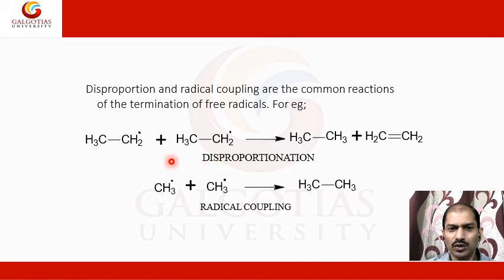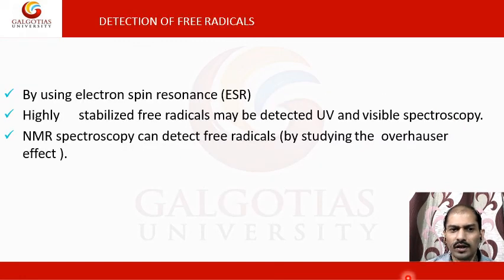And in disproportionation, one radical transfers a hydrogen to the other species, and this bond shifts, so this radical makes a bond with this radical. This kind of reaction is a disproportionation reaction. So here this is converted into a neutral species, and this is converted into an ethylene species, also a neutral species.